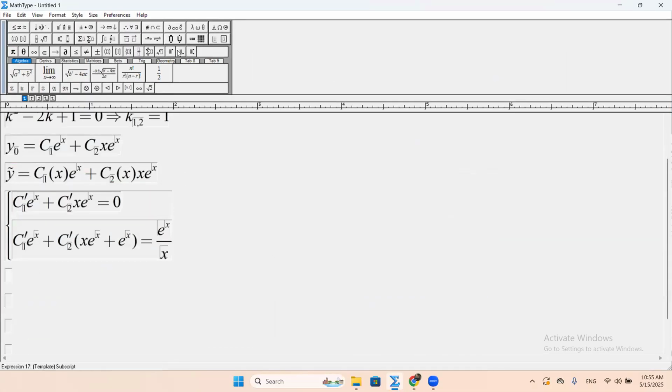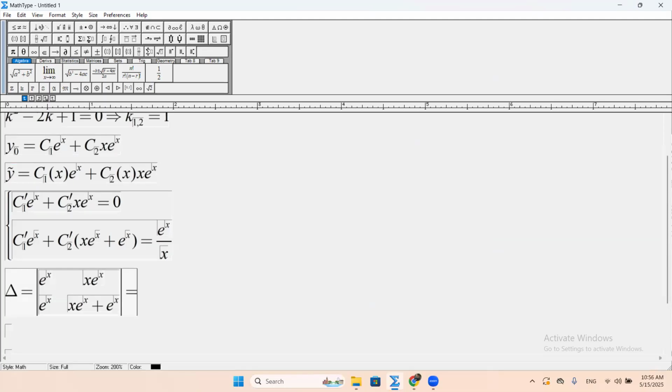So solving this system, again, let us use Cramer's formulas. So e to the power of x here, here will be x e to the power of x, and here x e to the power of x plus e to the power of x. Okay.